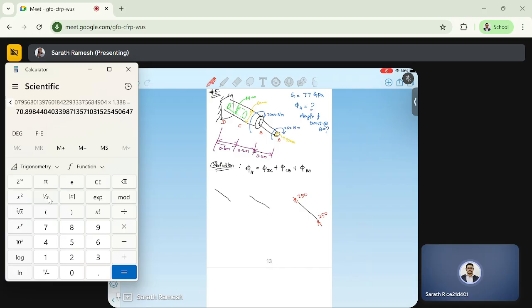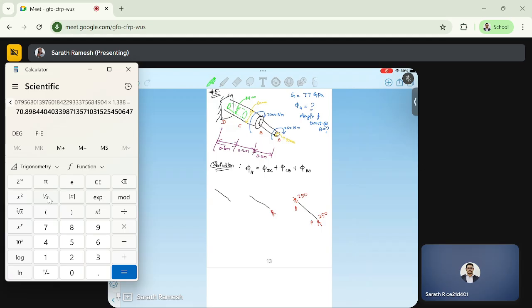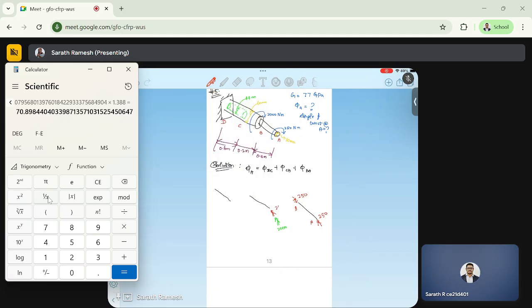This is AB done, and BC, 250 is here, and in addition to that, there is some 2000 in this direction itself, and this is 250. So there will be 2250.